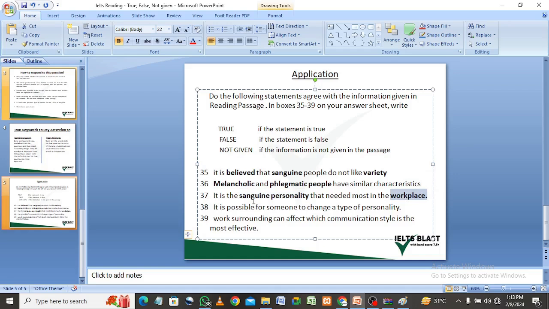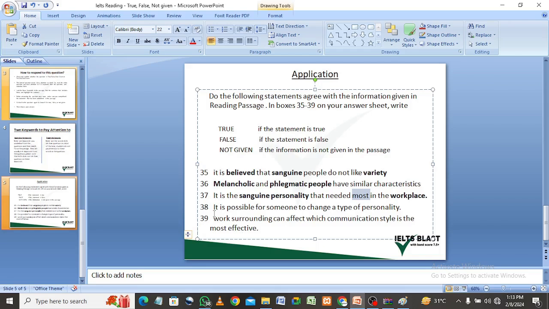Scanning keywords. While the target keyword is most. Most, that is the target keyword. So this is what you have to look out for in the passage for you to get your answer.